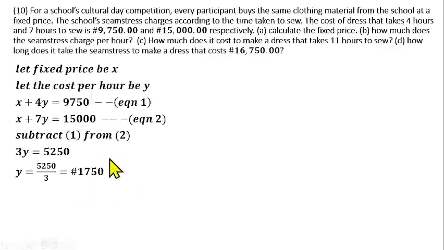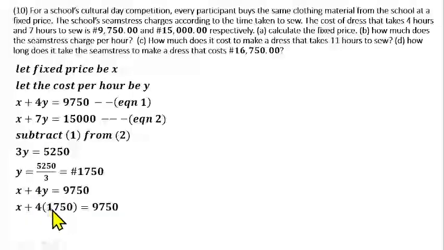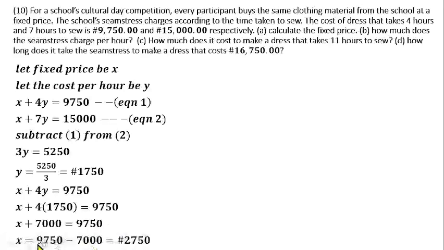Then let's find the fixed price. We can substitute this into equation 1 or equation 2. Equation 1 says that x plus 4y equals 9,750. Put your y here. That means you have x plus 4 times 1,750 equals 9,750. Open the bracket. We have x plus 7,000 equals 9,750. Collecting like terms, x will be 2,750.